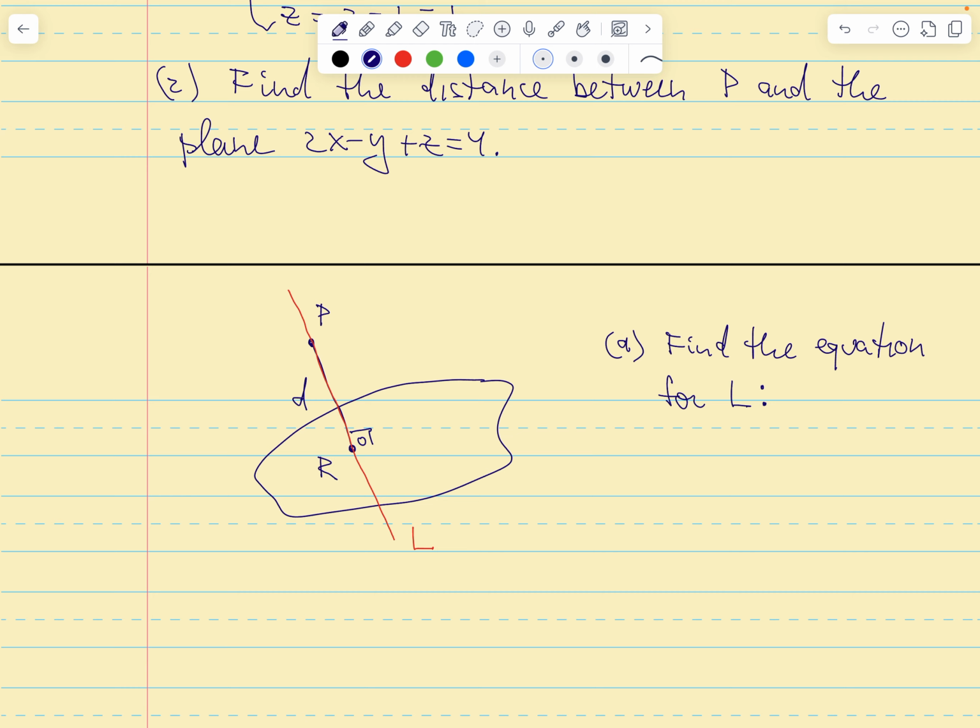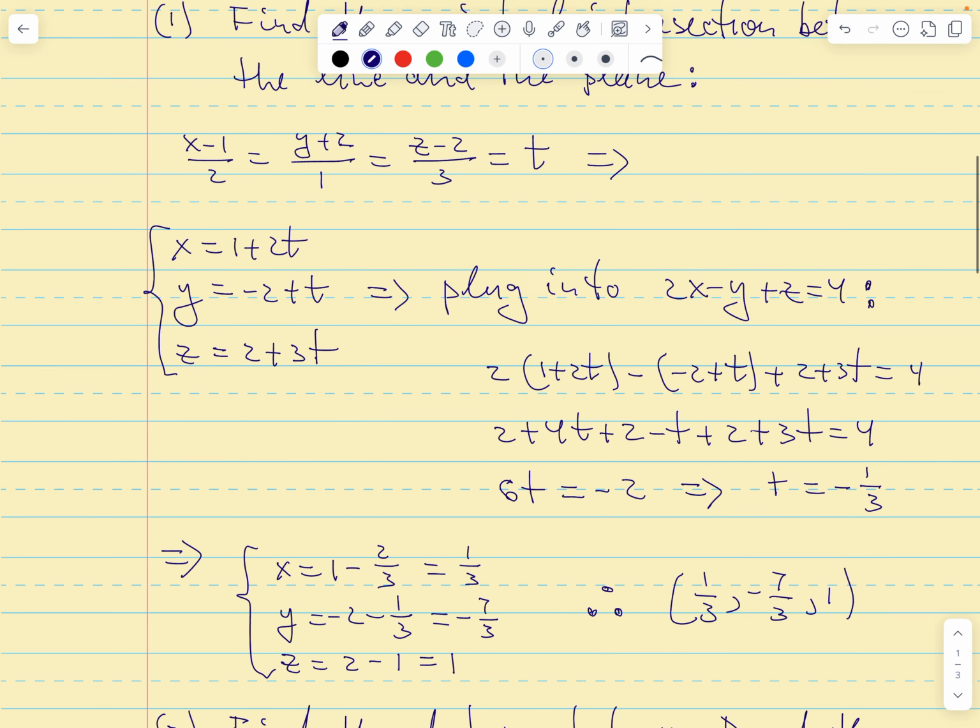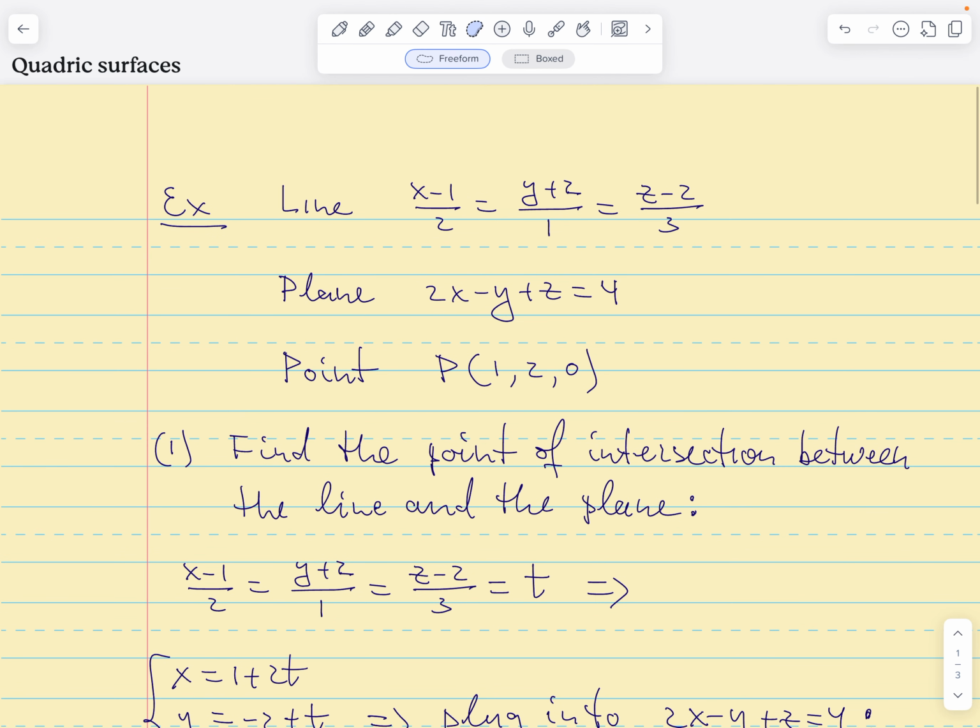And then I need to find a vector in the direction of the line, but because the line is perpendicular to the plane, from the equation of a plane, I can pick a vector perpendicular to the plane, and that is (2, minus 1, 1). So that's V in the direction of L. And my point P, again, is this one.